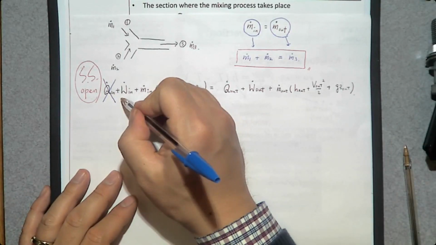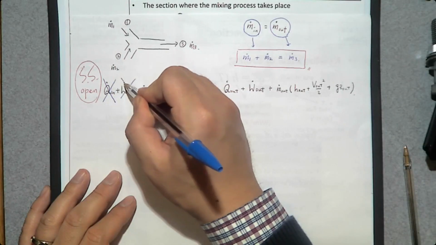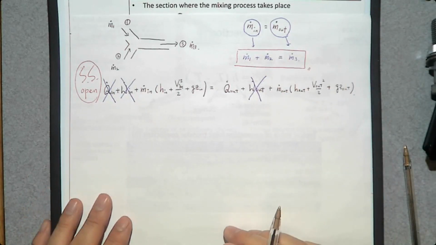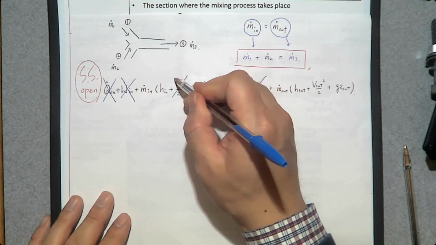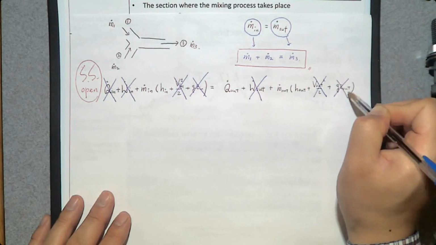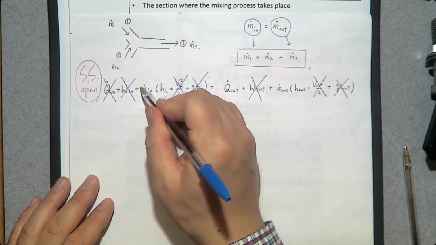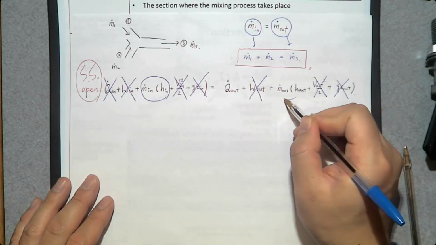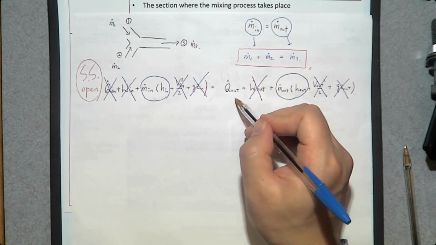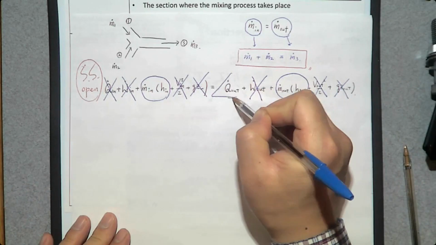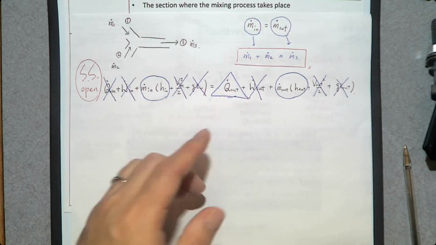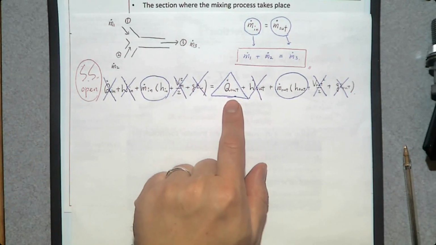And mixing chambers do not accept or produce any energy transfer by work. We usually neglect the change in kinetic energy or potential energy. So what do we have? The rate of enthalpy at the inlet, the rate of enthalpy at the exit, and a possible heat loss. This is case by case. Sometimes you have good insulation and you can neglect heat loss. If not, you need to consider heat loss.